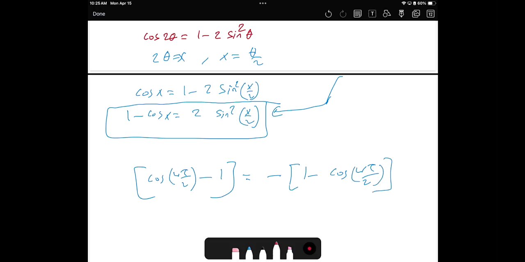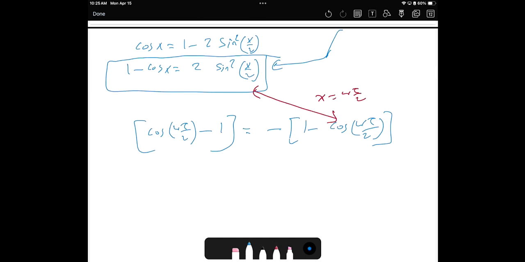Then assume x equals ωτ/2, and we can apply this formula, so it will be negative 2 sine squared of ωτ over 4. This is this.